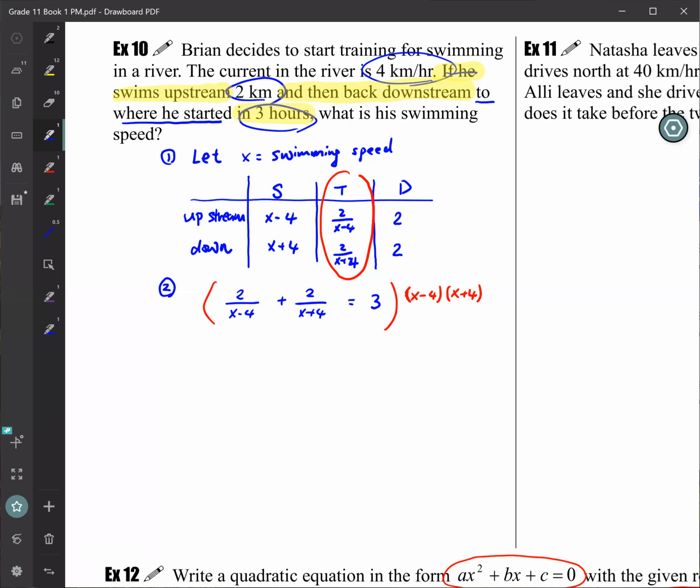Okay, Harry, what's your answer? My general form. Sure, okay, you have the general form. What is it? 3x squared plus 4x minus 16 equals 0. Okay.